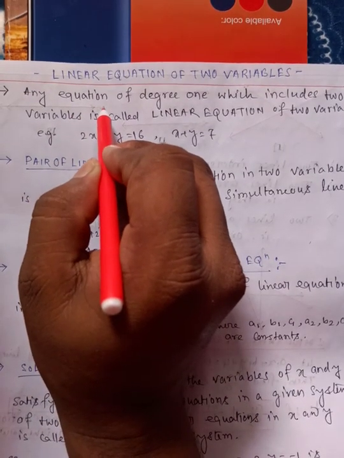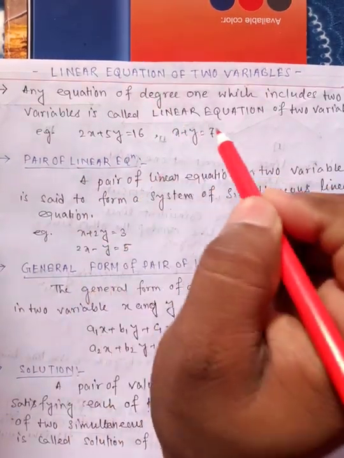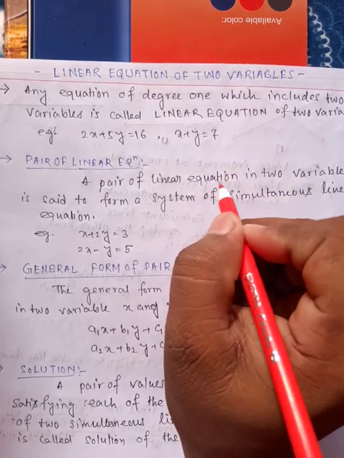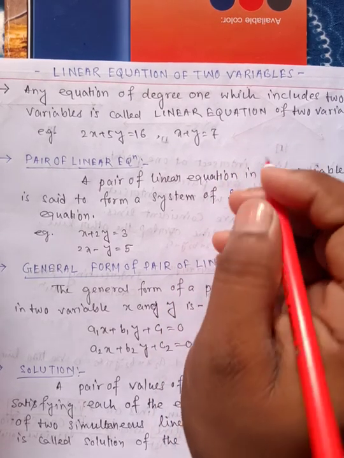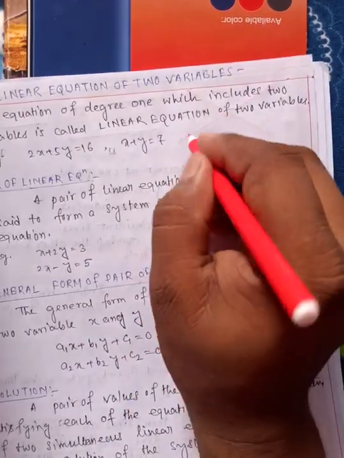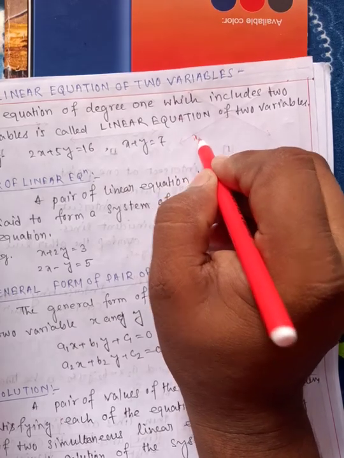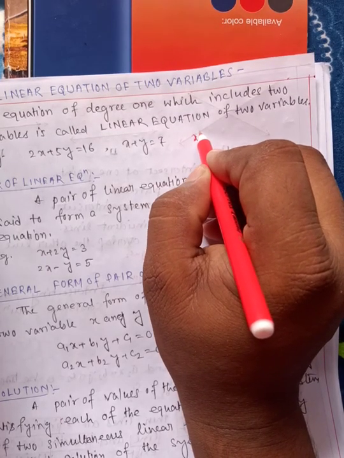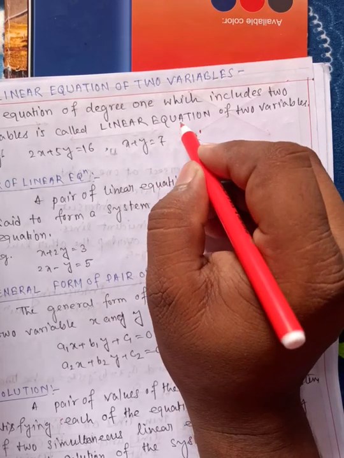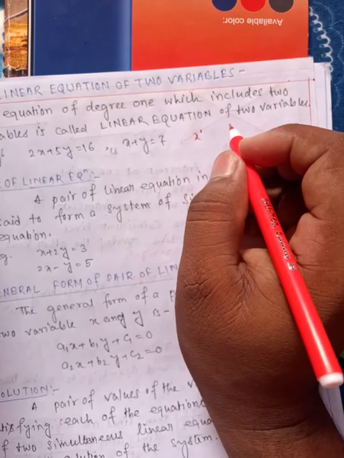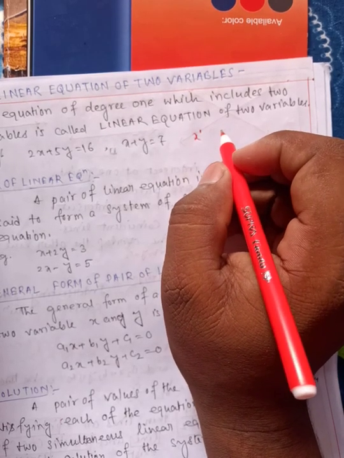An equation of degree 1 which includes two variables is called a linear equation of two variables. That means the maximum power of the variable, suppose x, should be 1. As we are discussing the linear equation of two variables, your equation contains two variables x and y.